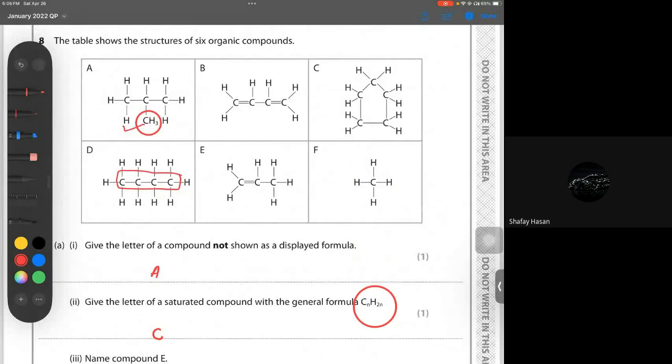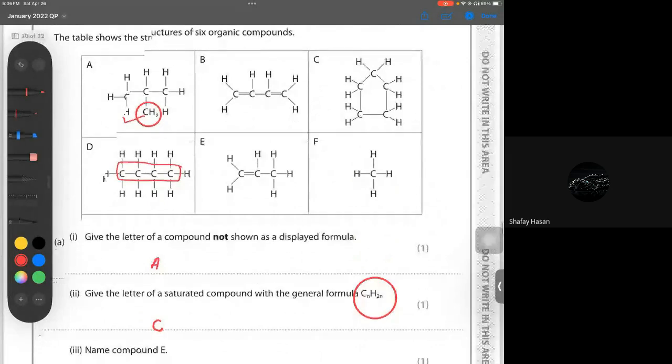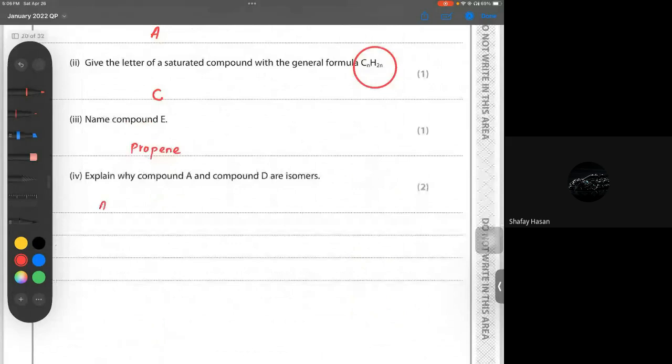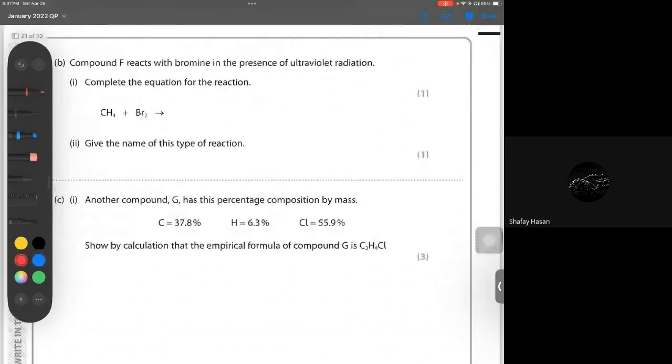They have the same molecular formula but different structure.